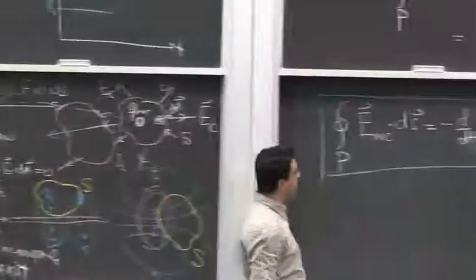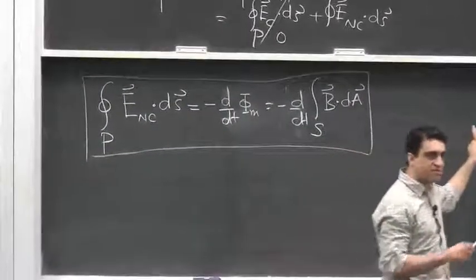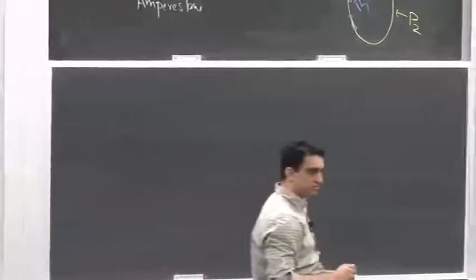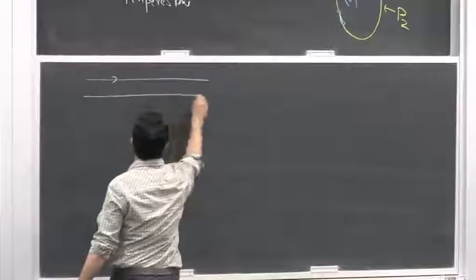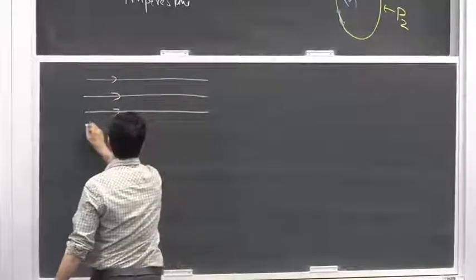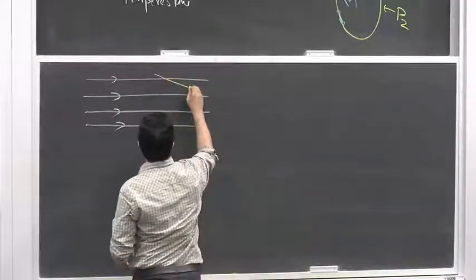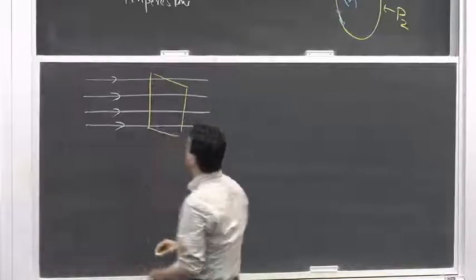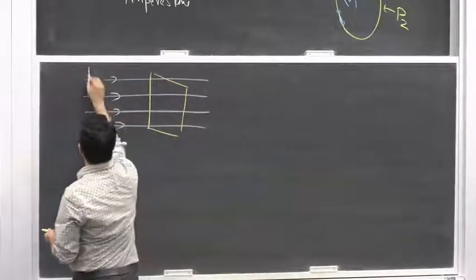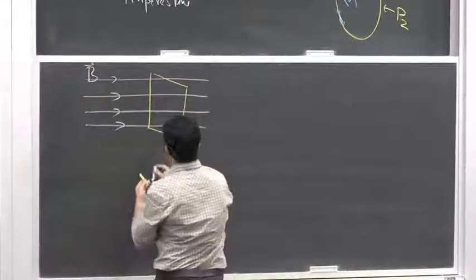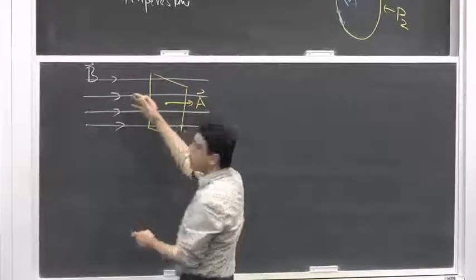But the magnetic flux we are doing here is not through a closed surface, but rather through an open surface. Let's say you have a magnetic field like this, and you have an area which is perpendicular to it, so its area vector is along the B field.